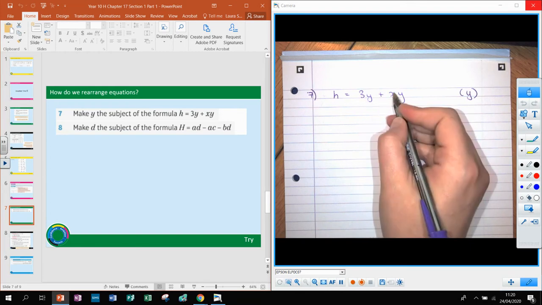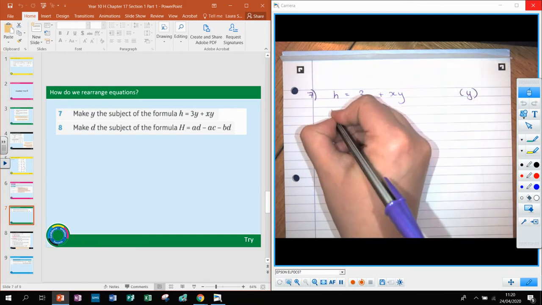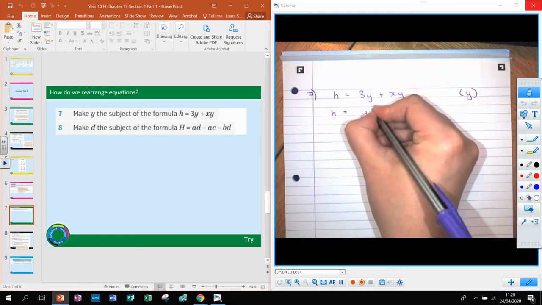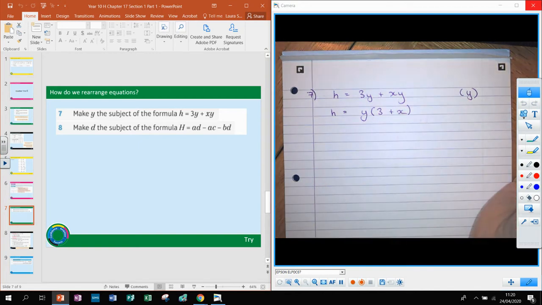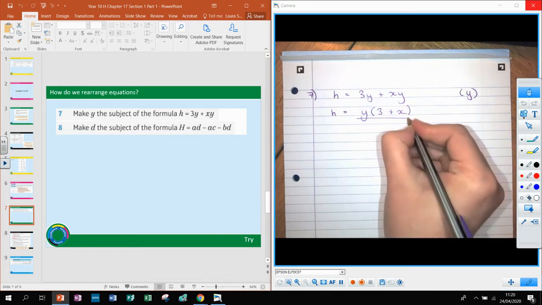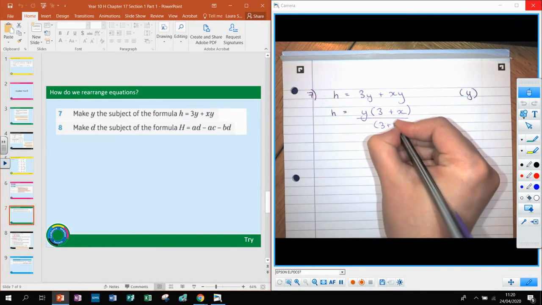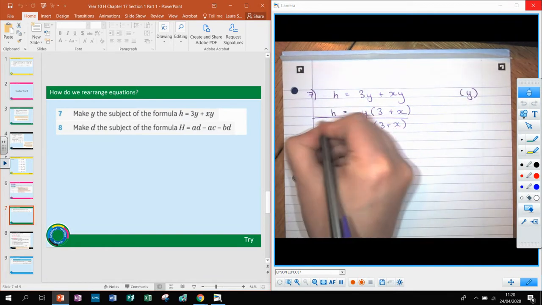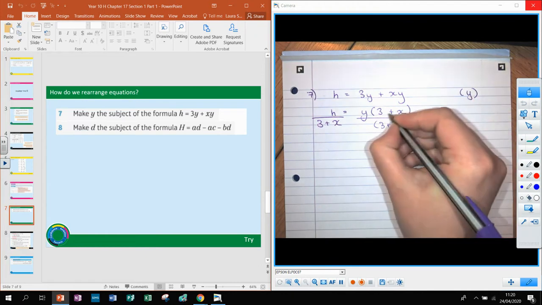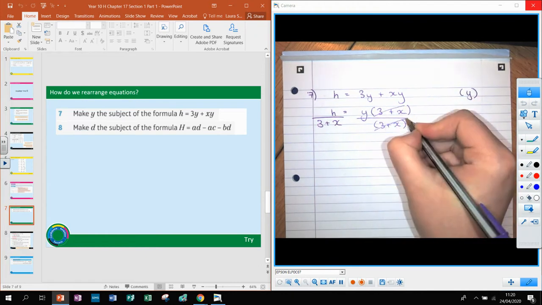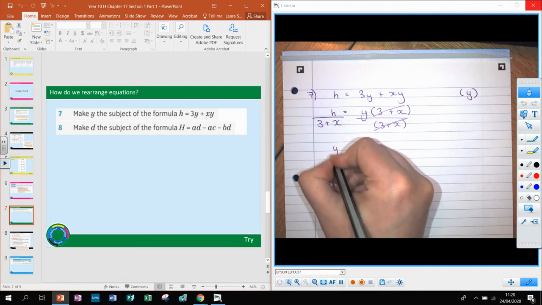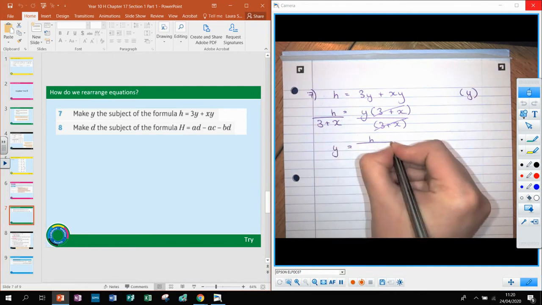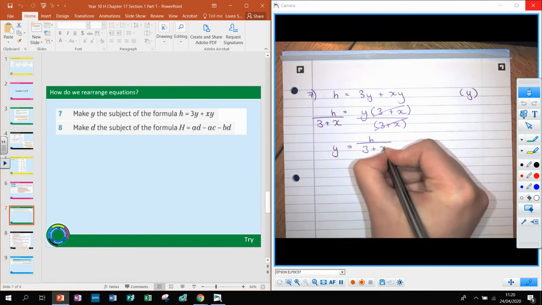So here we're going to factor out the Y. Okay, so H would be equal to Y and then 3 plus X when we divide out the Y. Now we divide by my 3 plus X on both sides. Okay, we can see that those cancel out. And I'm just going to write it Y equals this, okay, so it's in the correct order. Y is equal to H over 3 plus X.